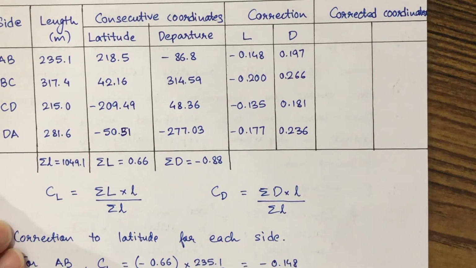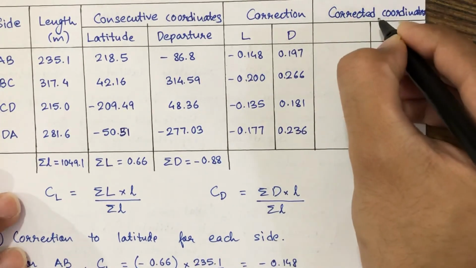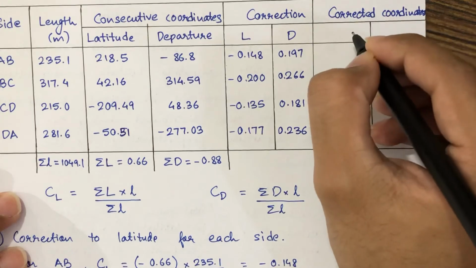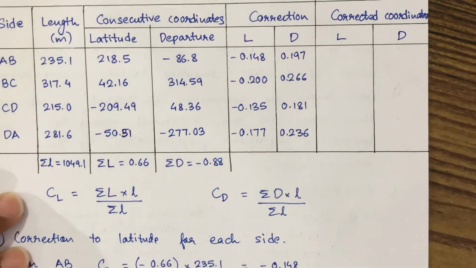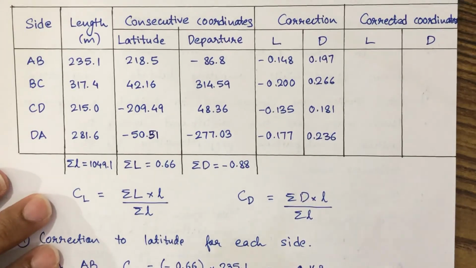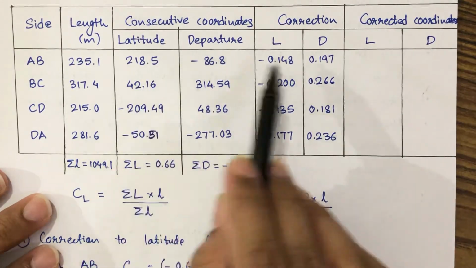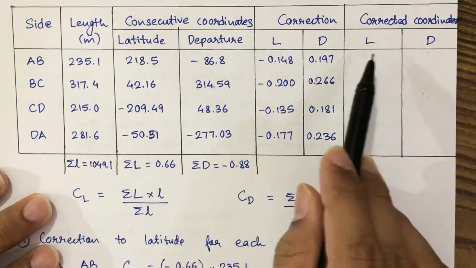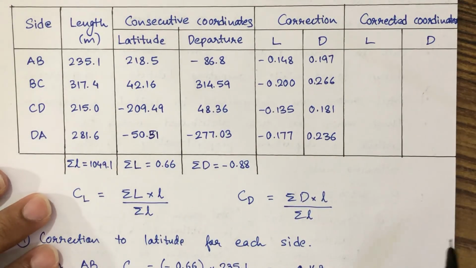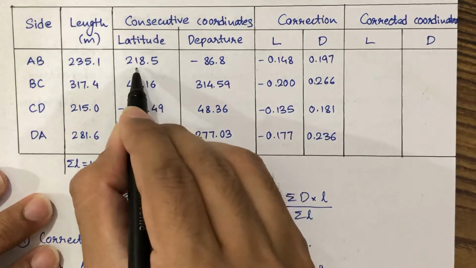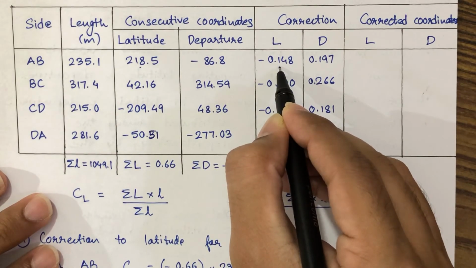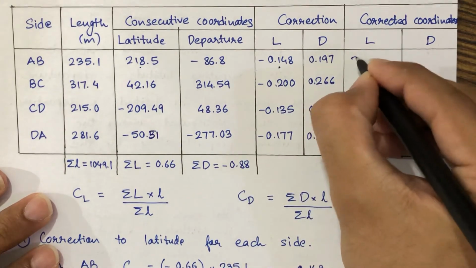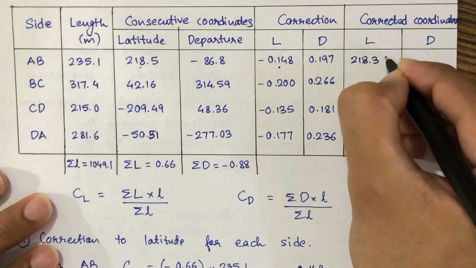Fine. Now you have to calculate the corrected coordinates, for the latitude and departure. The corrected coordinates will be obtained simply by adding these values. First we'll add 218.5 minus 0.148. This value comes out to 218.352.